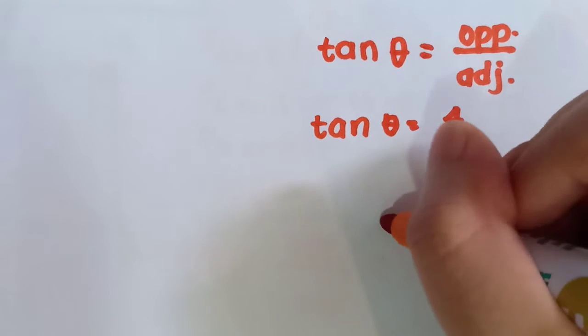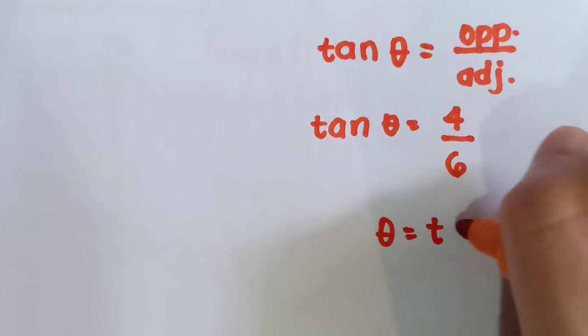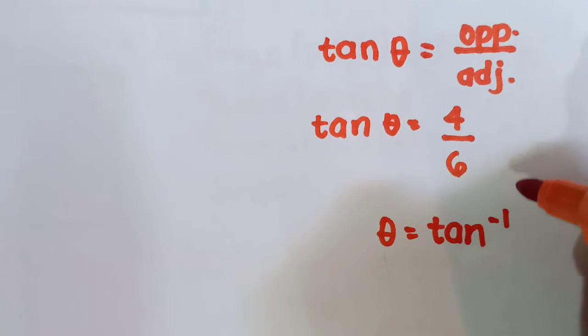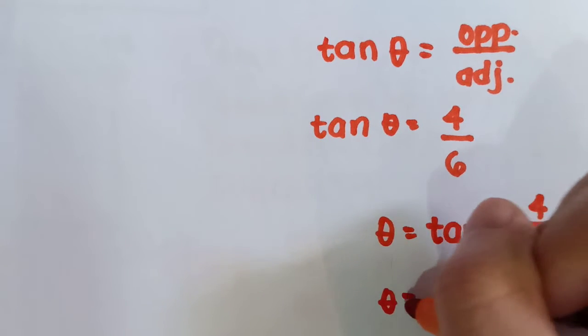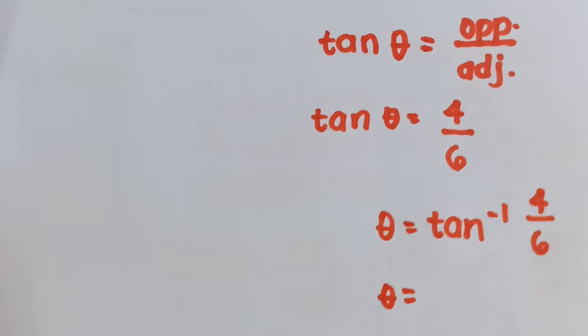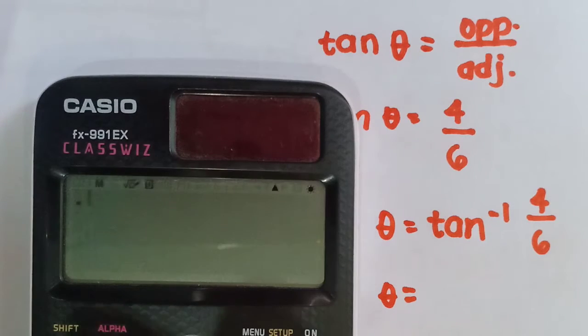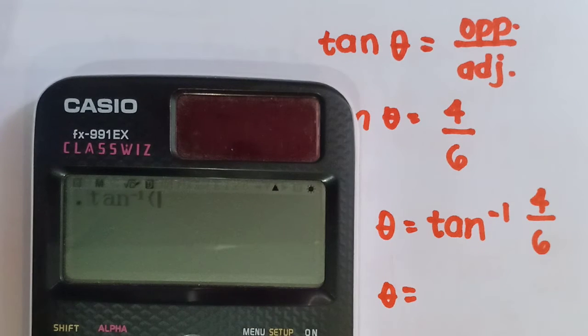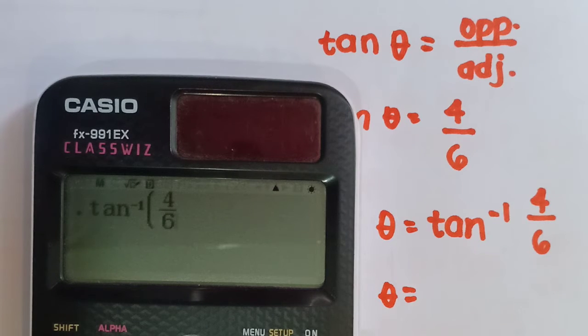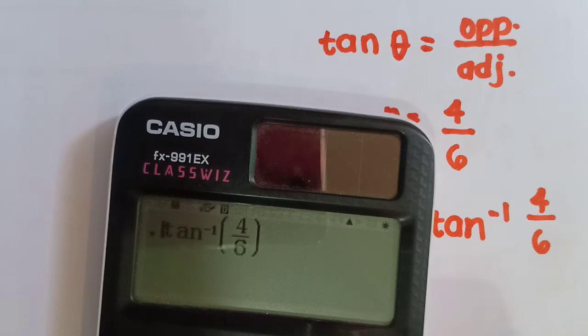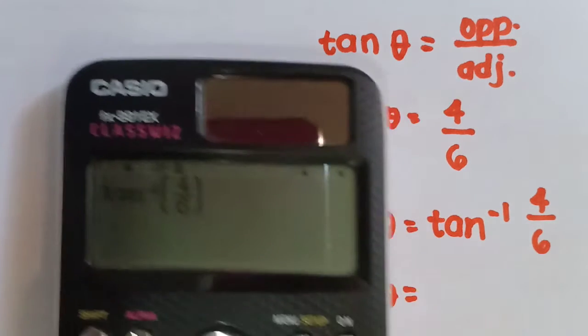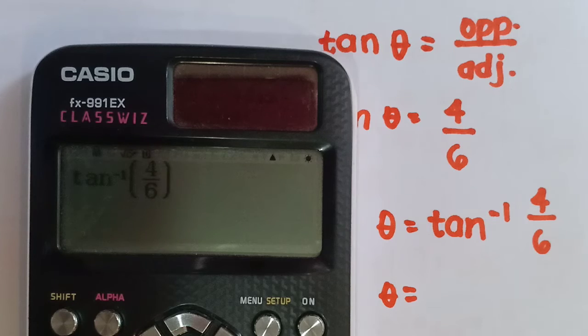Isolate the angle because that's what we're looking for. Theta equals tan inverse of 4 over 6.